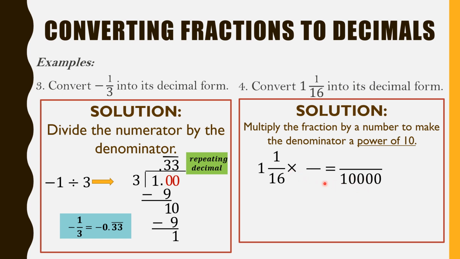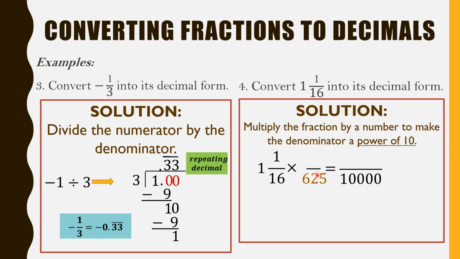Okay, so the lowest power of 10 that is a multiple of 16 is 10,000. And what could we multiply with 16 to get 10,000? Or 10,000 divided by 16, the result is 625.